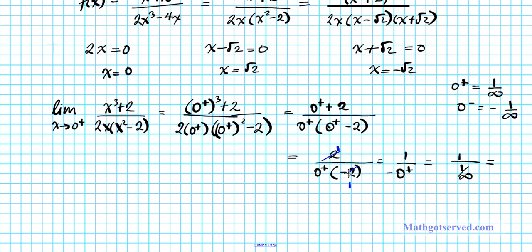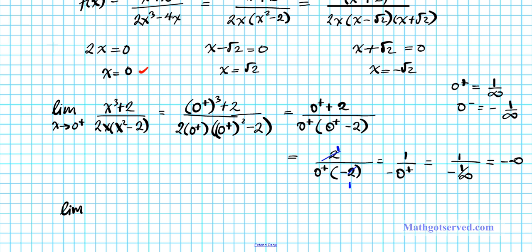This 2 is minus, so put the minus here. So if we multiply the numerator by the reciprocal of the denominator, we'll end up with negative infinity. Okay, so since we are approaching 0 from the right and ended up with negative infinity, that automatically tells us that 0 is a vertical asymptote. Okay, all right, now we're done with 0. We have verified that it is, in fact, a vertical asymptote by the definition.